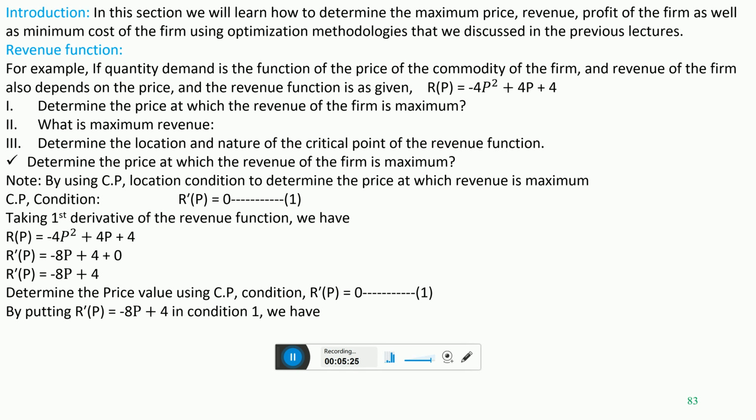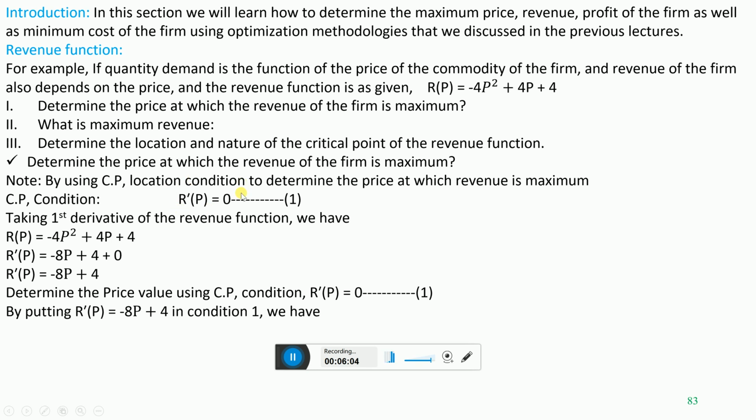And in the concept of critical points or maxima and minima we discuss the condition of the determination of the critical points. So what was the determination of the location of the critical point of the revenue function? The condition is this: first derivative of the revenue function at the particular p value must be equal to 0.